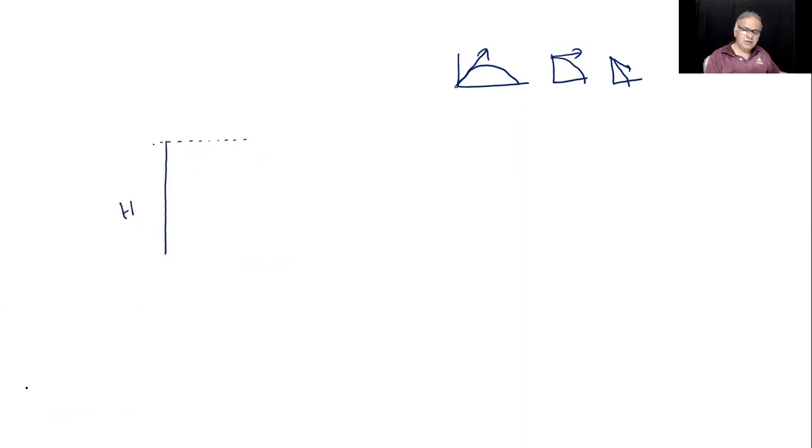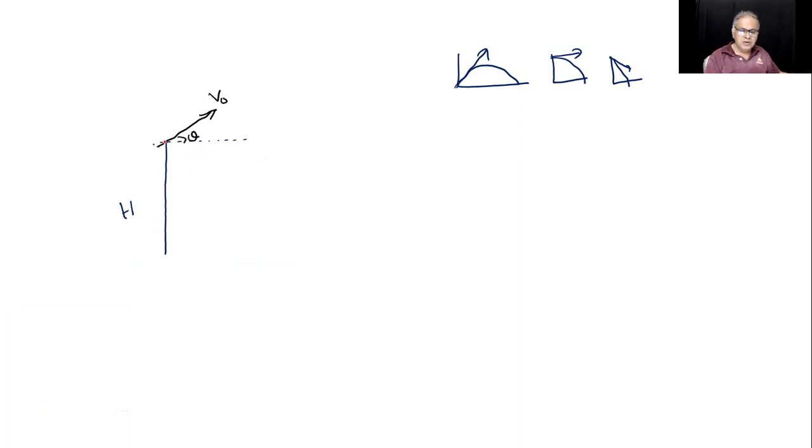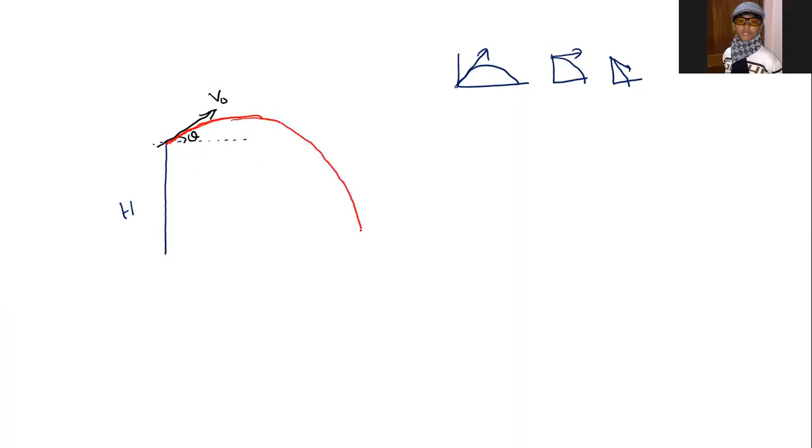That velocity now makes an angle theta with the horizontal. So how will be the path of this, children? Once again, don't take it above like that. It should be like this only, right? Like that. Do you agree? Yes, sir.